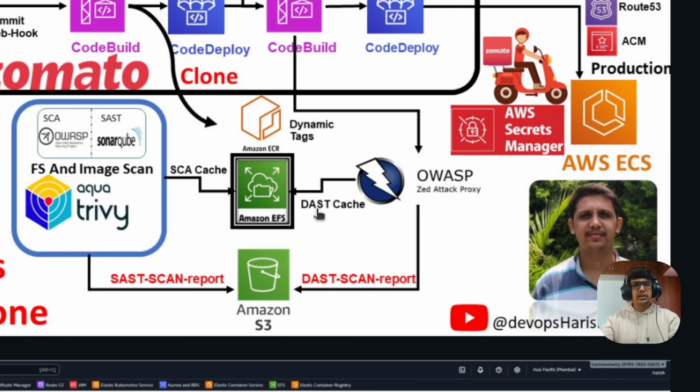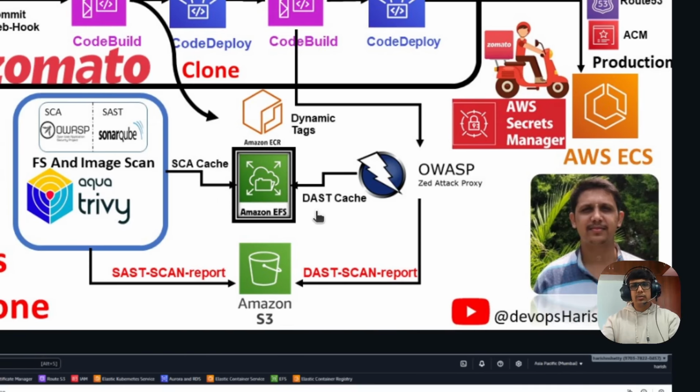And the DAST cache also, initially around 800 MB of storage is utilized, and each time we trigger the pipeline it would download it again, same as OWASP. That's why we are using the same EFS storage for the cache. I mean, not storing the report, just the cache, like the software packages we install. We are using EFS for both SCA and DAST.